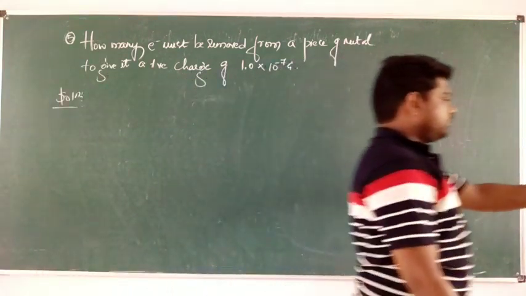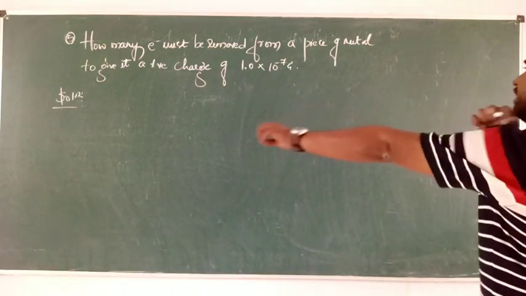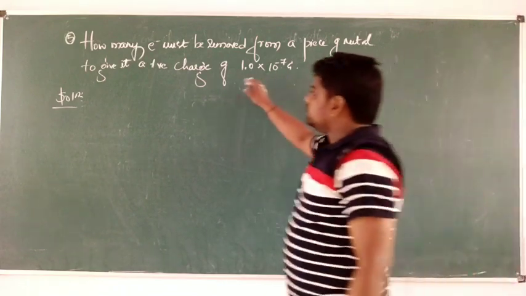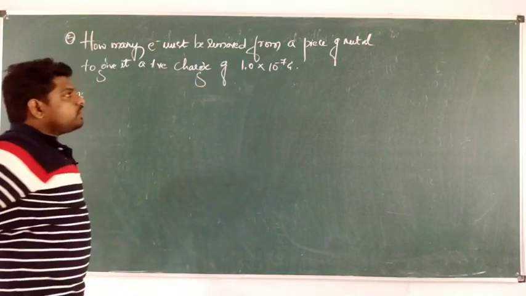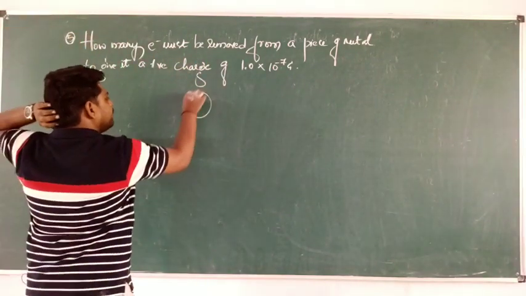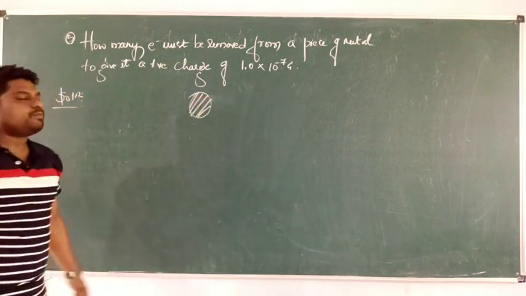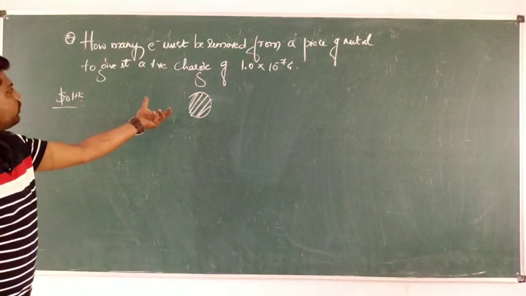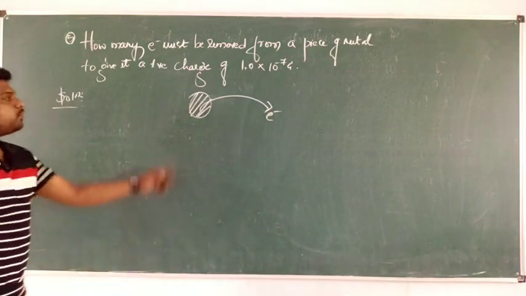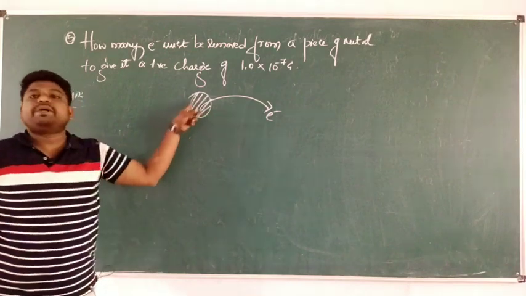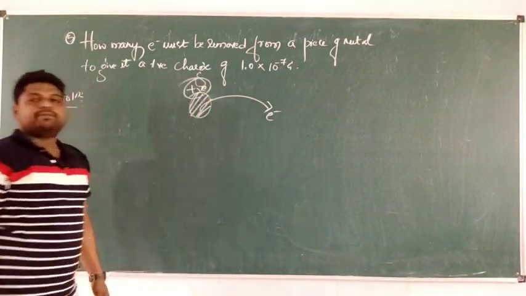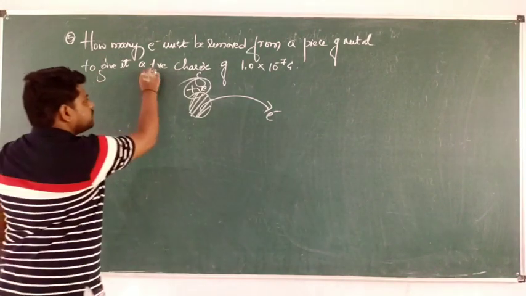See here, the question is very easy. What they are telling is how many electrons must be removed from a piece of metal to give it a positive charge. Say for example, this is a piece of metal. Now I'm going to remove electrons from this. Whenever a metal loses an electron, it becomes positively charged.